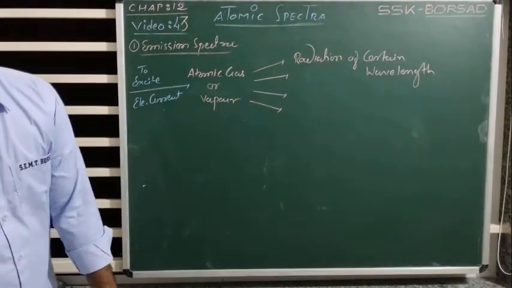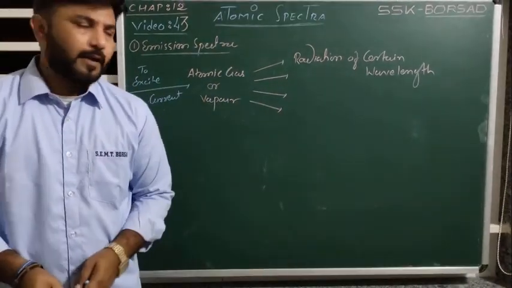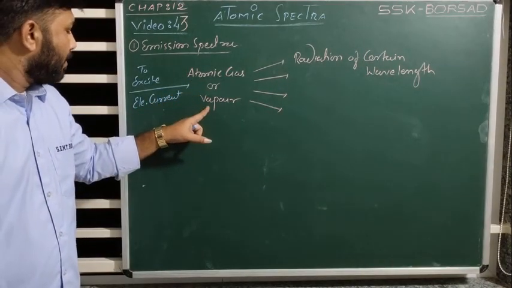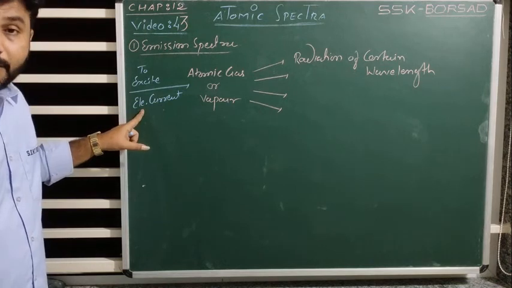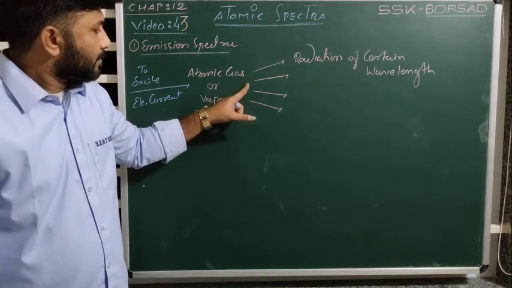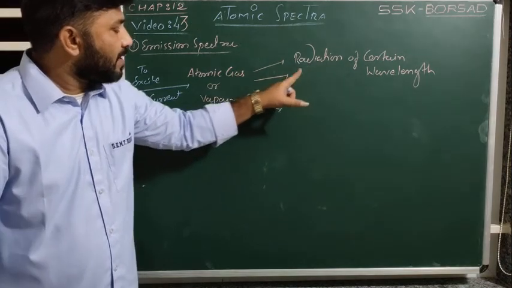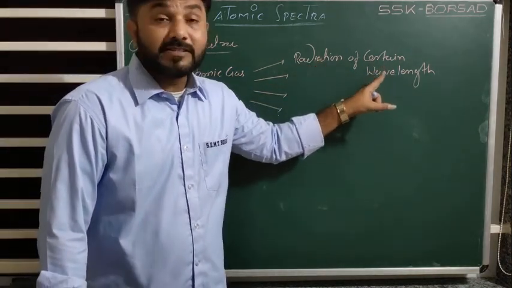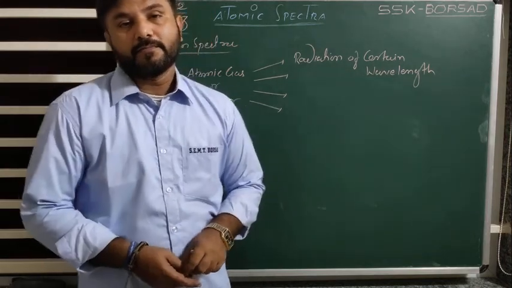Got it? Simple mechanism. When atomic gas or vapor is excited by electric current, there is emission of radiation, and this radiation has certain wavelength.